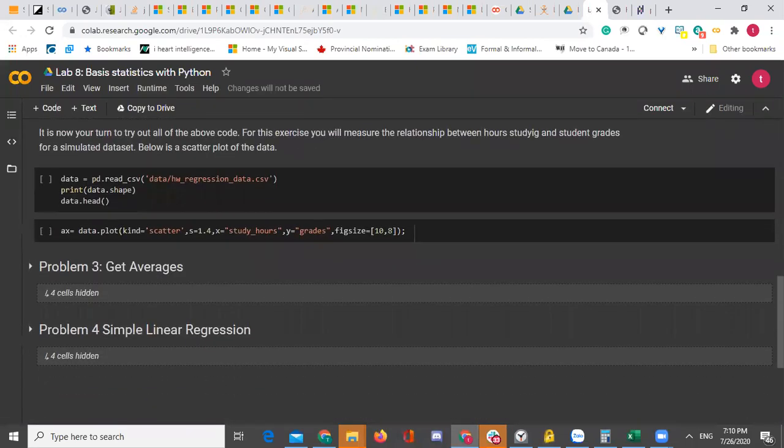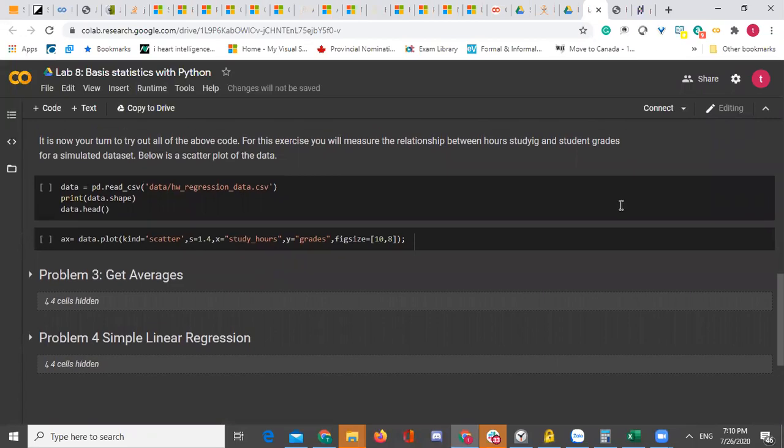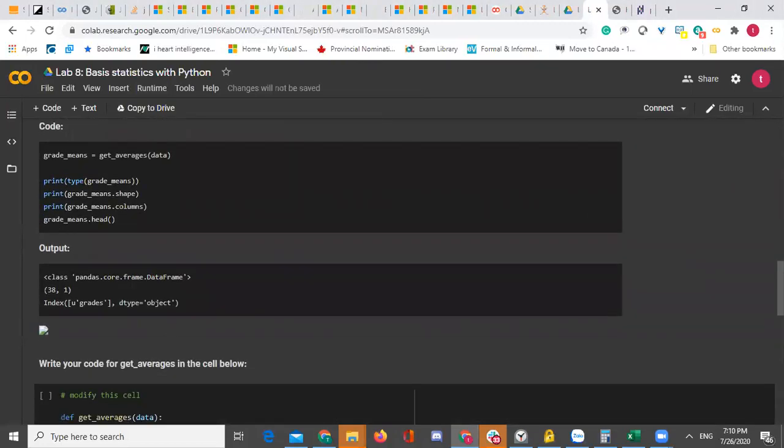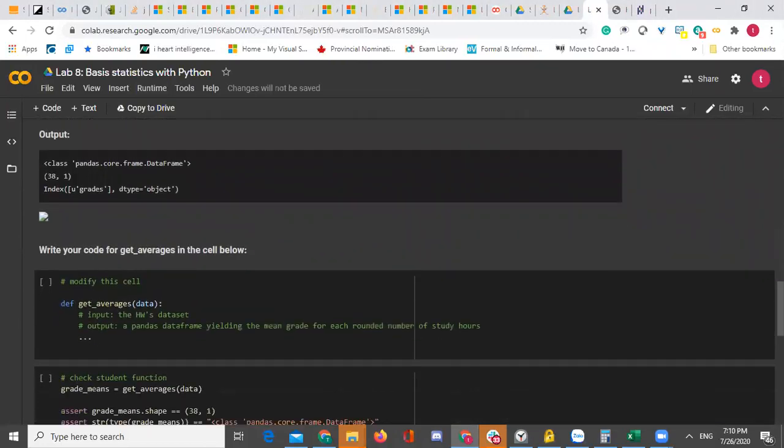So problem 3, get averages. Try to display the cells. The first cells are hidden. Try to display them. Oh, okay. See this picture. You can't see it. I don't know why.